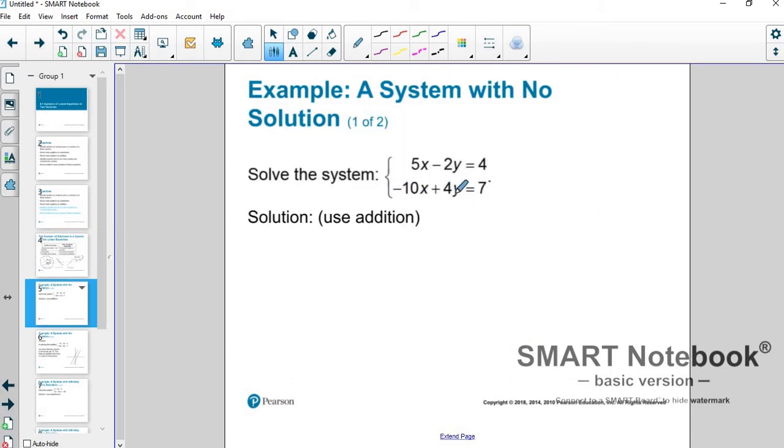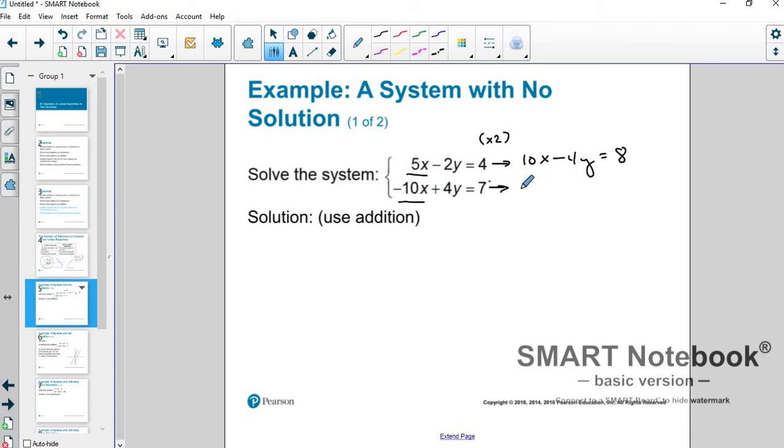We're going to use addition to solve this system. Notice that this has a negative 10x and this has a 5x, and so if we multiply everything by positive 2, 2 times 5 is 10x, 2 times negative 2 is negative 4y, and then 2 times 4 is 8.